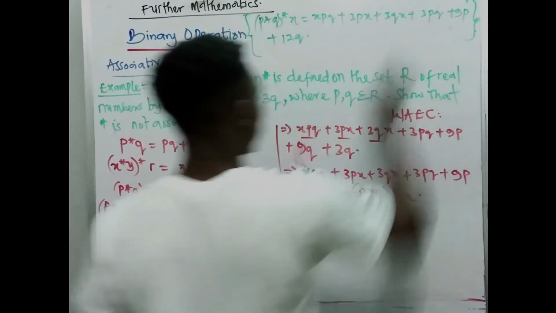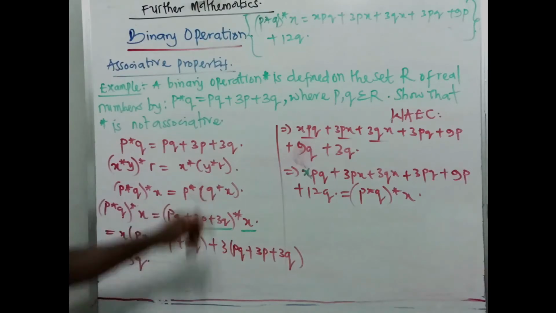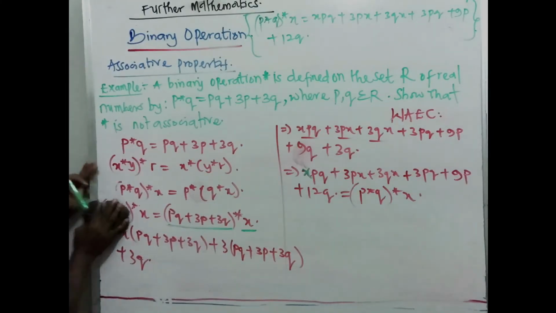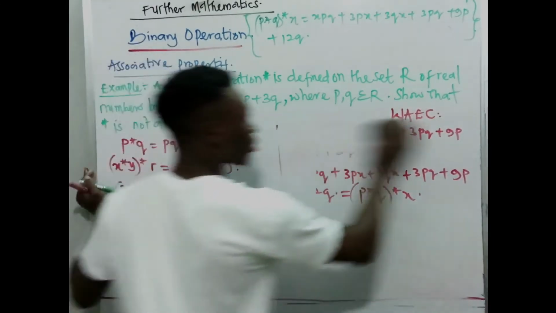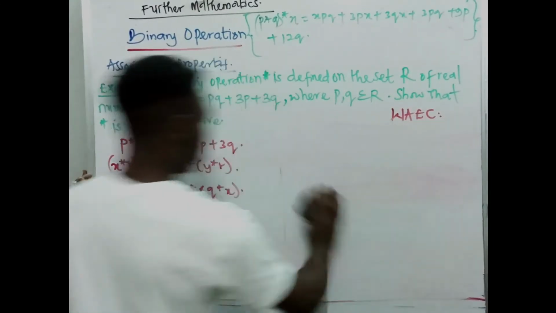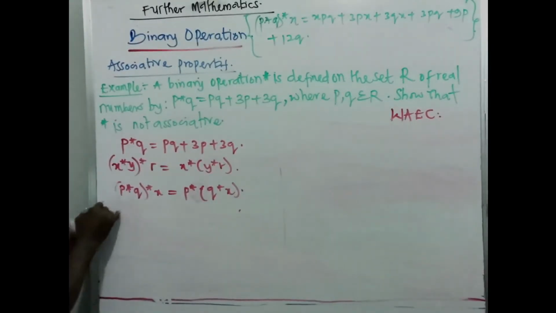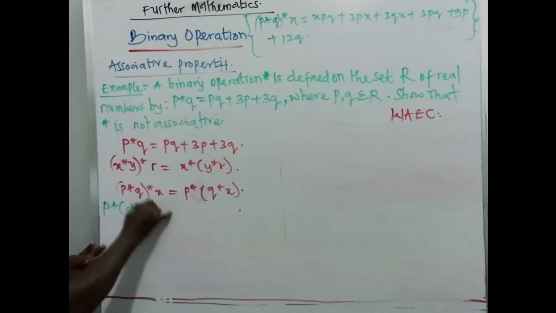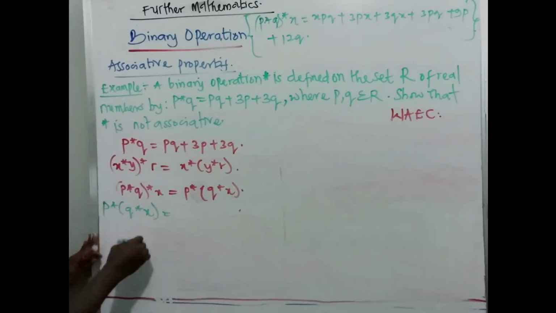Now let us go for its counterpart, which is P asterisk open bracket Q asterisk S close bracket. Just pay close attention. Now let us do Q asterisk S first.